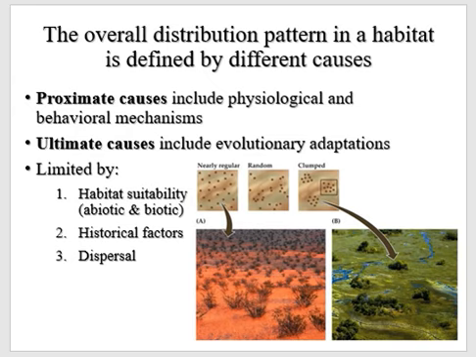What could be some of those causes mechanizing those differences? Well, there's a variety of causes. There's proximate causes and ultimate causes. Proximate causes refer to events that are immediately responsible for causation, right?